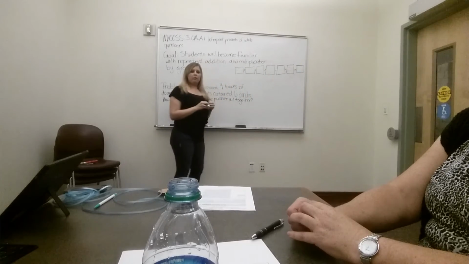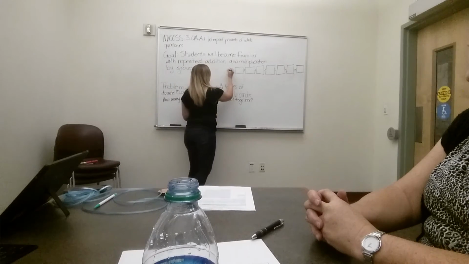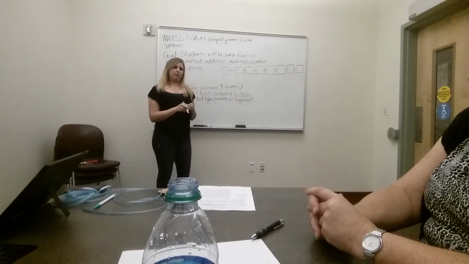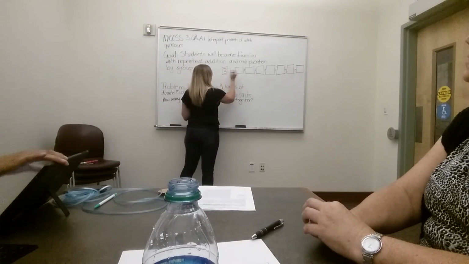So what are we going to fill in the boxes? That's only 6. Oh, yeah, you're right. Okay, let's do this. So what am I going to put into these boxes? Since you have 7 boxes, we're going to put the number 3. Okay, so we're going to write 3 in each box.